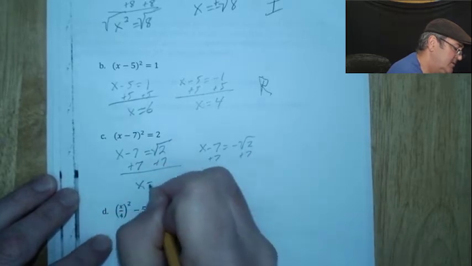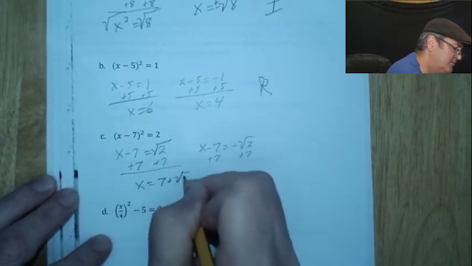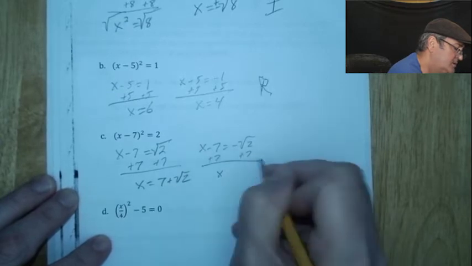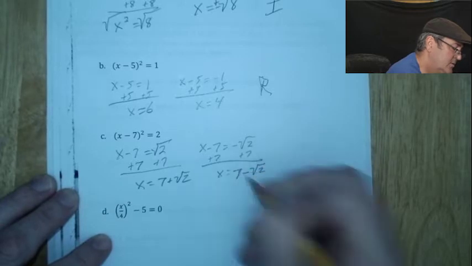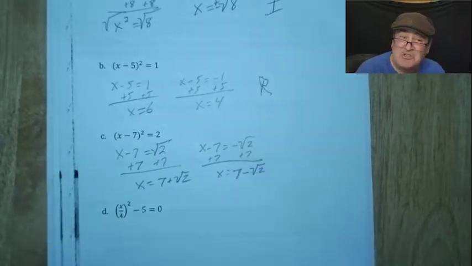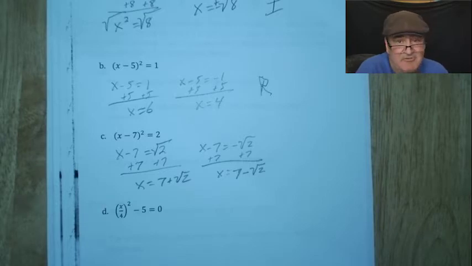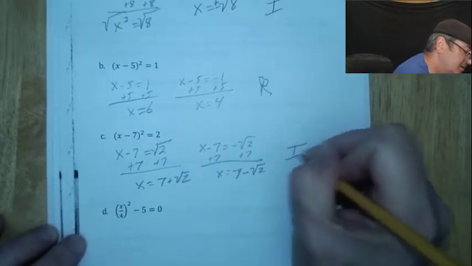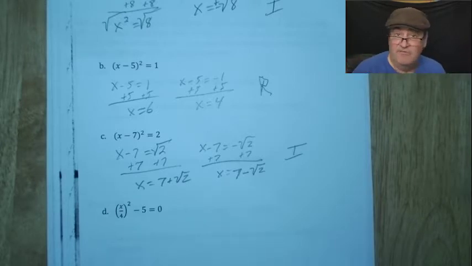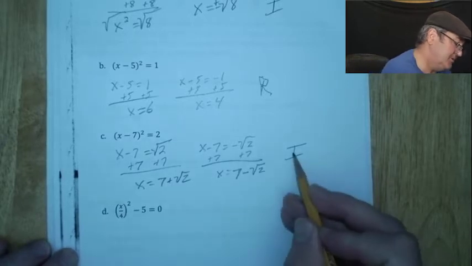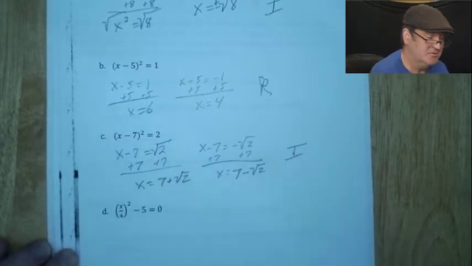So x equals 7 plus the square root of 2, or x equals 7 minus the square root of 2. It's got a rational component with the 7, but the square root of 2 is not a rational number. That's irrational. So this is an irrational solution because we're adding it to the 7. Which means now it's 8 point something, 8.41, and the decimal just continues. It's not a repeating decimal. So this is irrational: 7 plus square root of 2, 7 minus square root of 2.